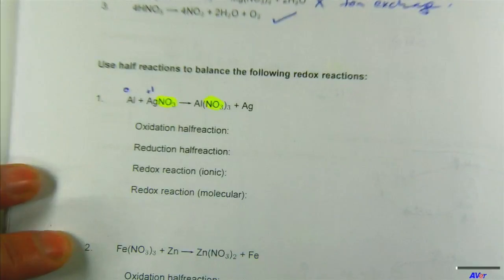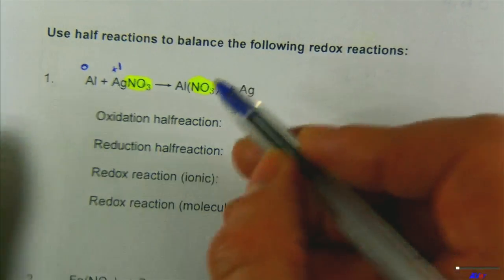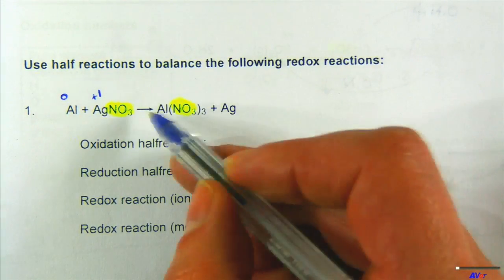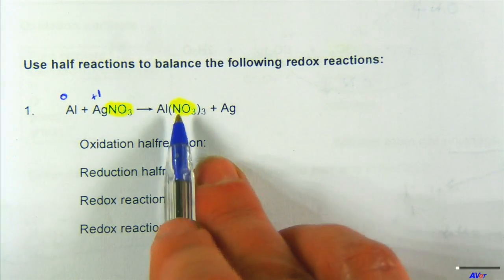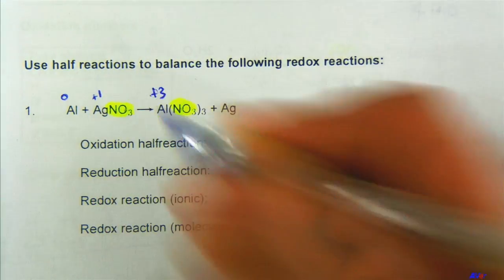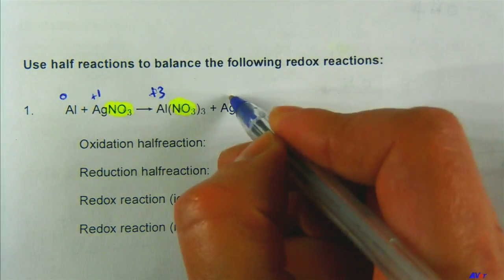See if we can make it a little bit bigger. Better. Right. How about the aluminium on the other side? What is the oxidation number of that aluminium? Every nitrate is a -1, so that aluminium is +3. That's what we would expect because it's in group 3. And that silver is on its own.